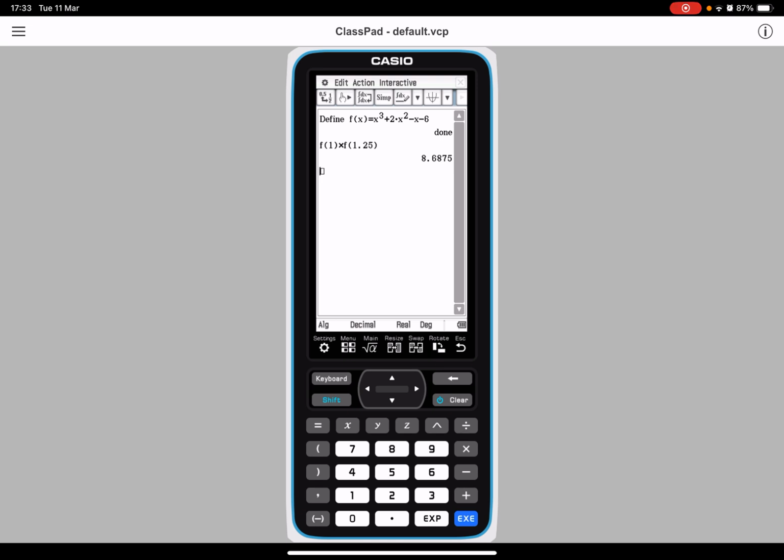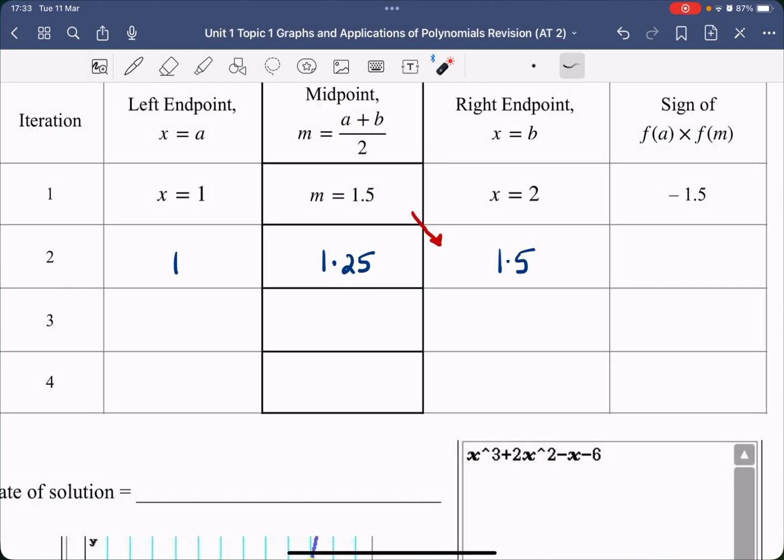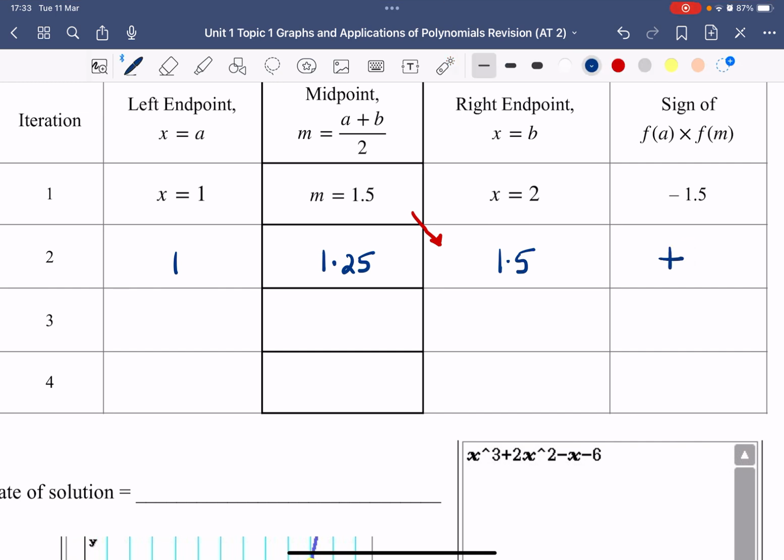We get a positive number, which means, let's go back here, we get a positive number there. That means the midpoint is going to go that way. So this is now 1.25, and that stays the same as 1.5.